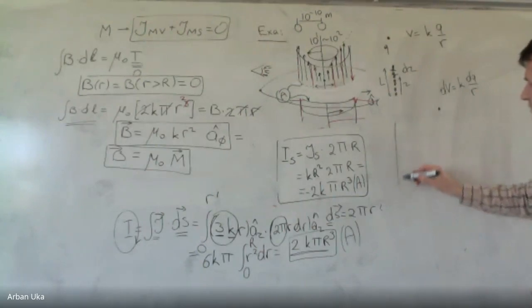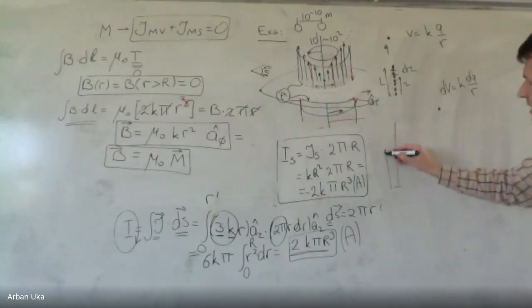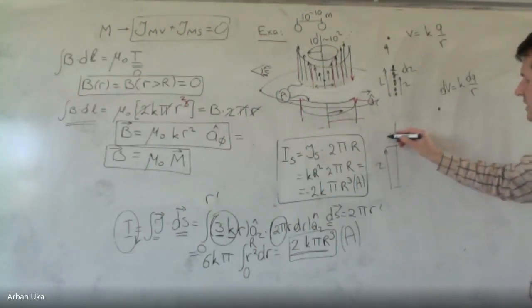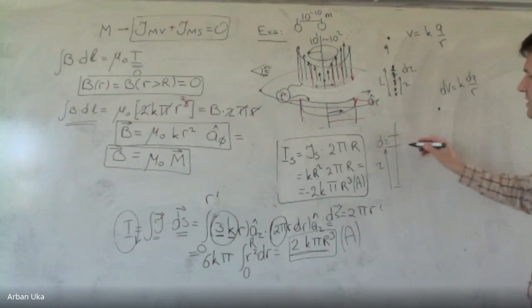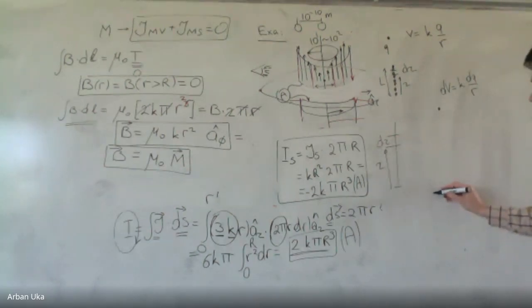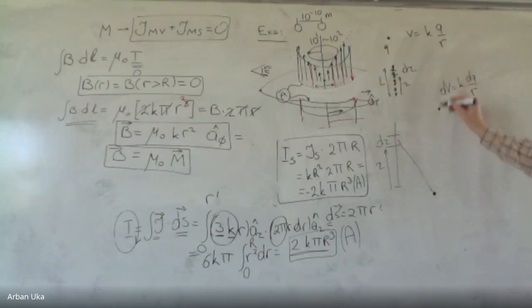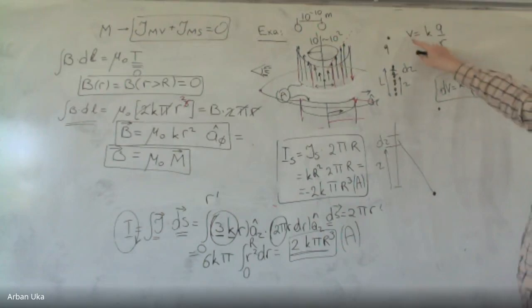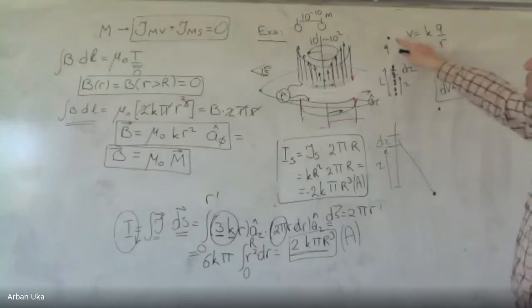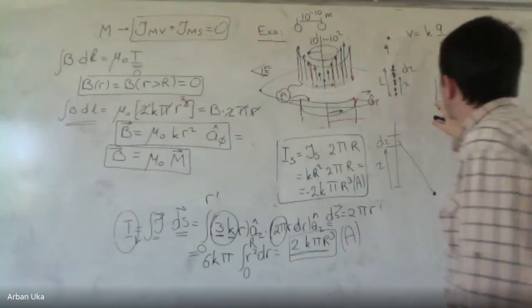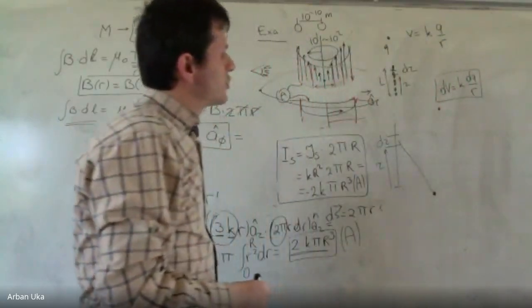We find out where this point is, then we write dV equal to k dQ over R. This is the potential of a point charge, and this is the potential if we have a distribution of charges.